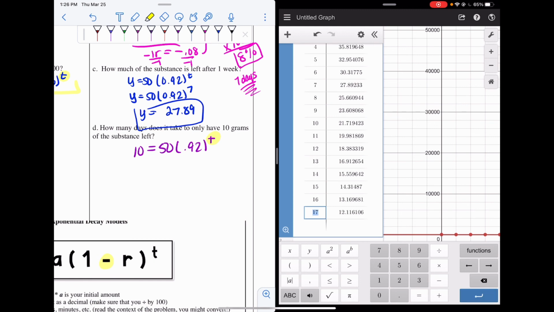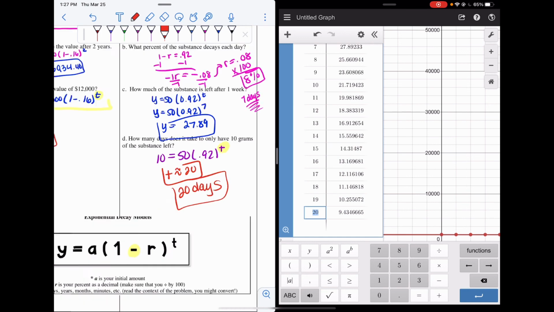Keep on going. I don't hit 10 yet. I hit 10.255. Boom, I hit 9. So by 20 days, I will have 10 grams left. So I would say t is approximately 20. So 20 days. And that's your final answer.